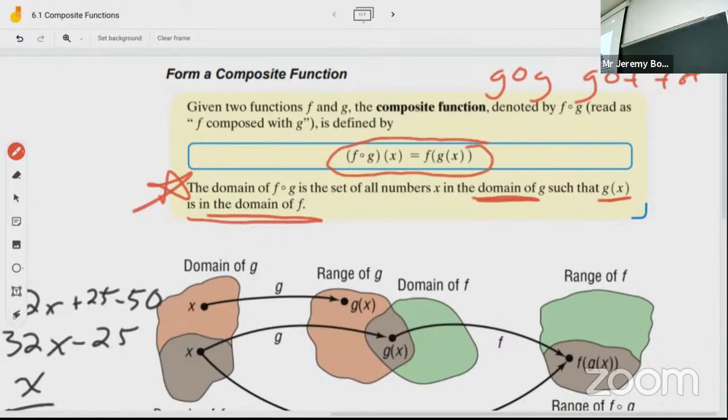But in simpler terms, you need to be able to put that value into g, and then whatever the output from g is needs to be in the domain of f. Because you're going to do g of x and then f of that value.